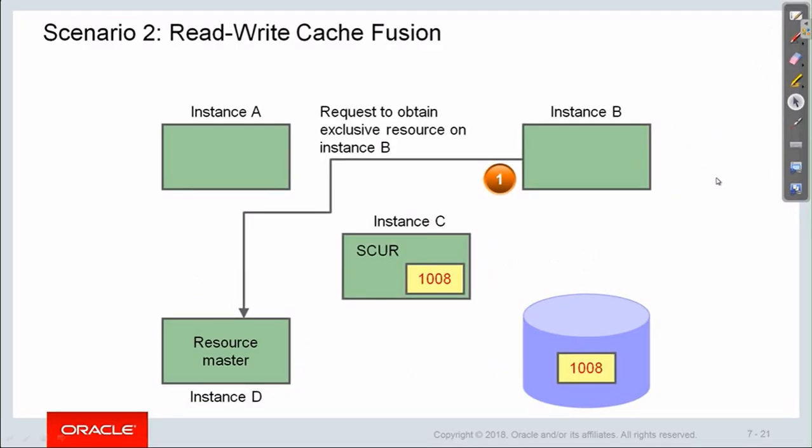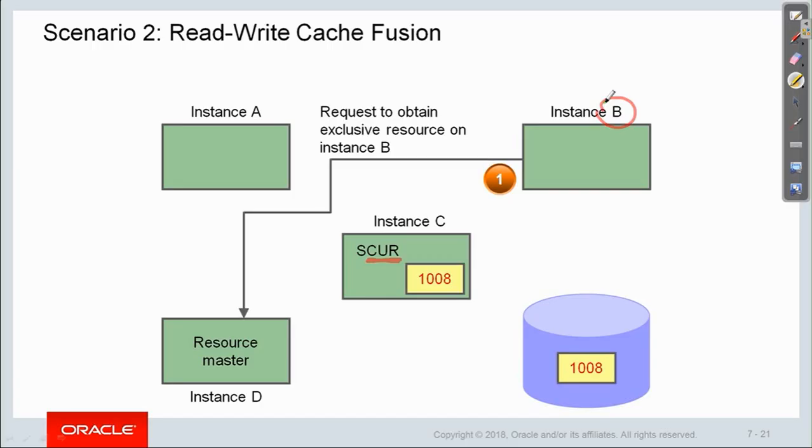We also have another example here, with instance B. Instance B requested a block for DML. Where is the current location of the block? The current block location is here, instance C. However, instance B doesn't know the current location because that's managed by the master instance.